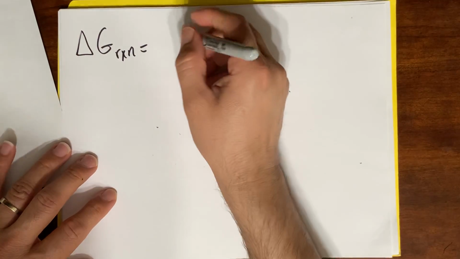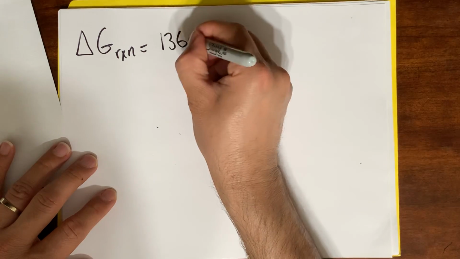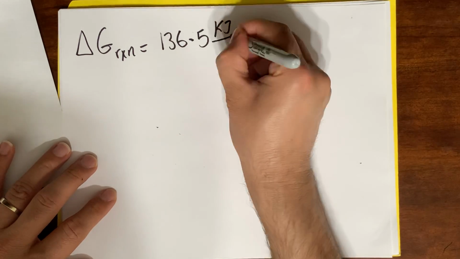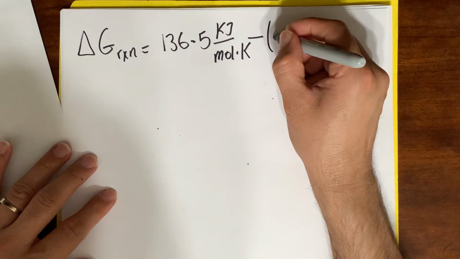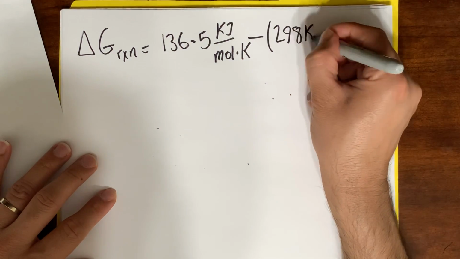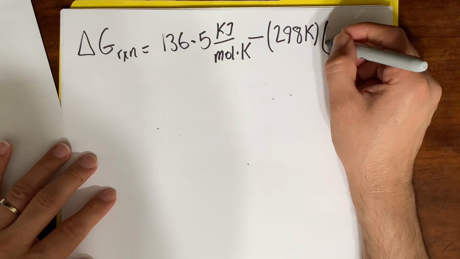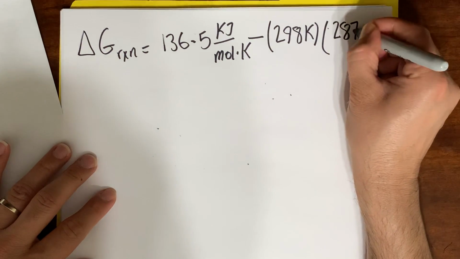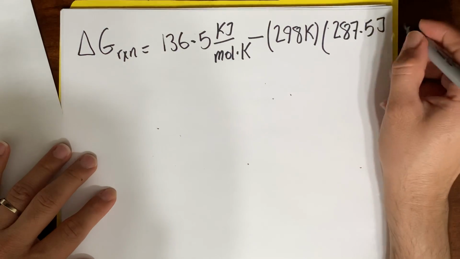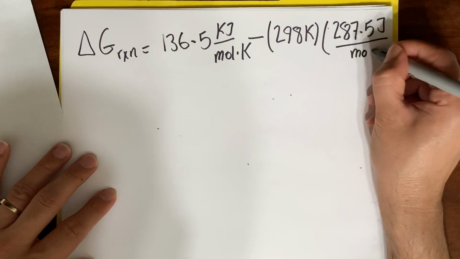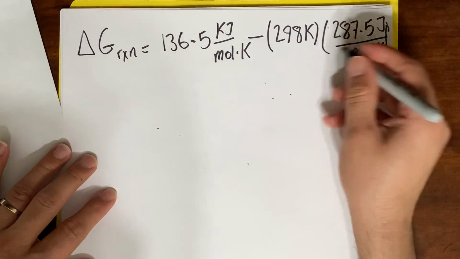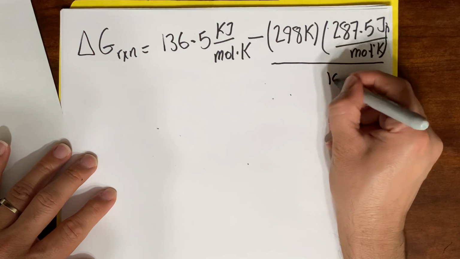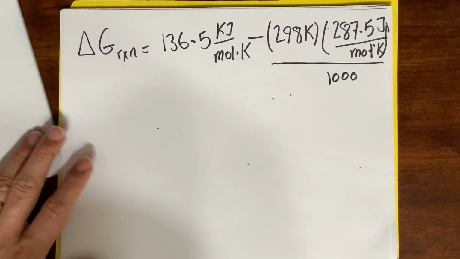It's going to be delta H, 136.5 kilojoule over mole, minus T delta S. T is 298 Kelvin, multiply delta S, 287.5 joule over mole Kelvin. So hold this one, we need to divide it by 1,000 to make it easier.